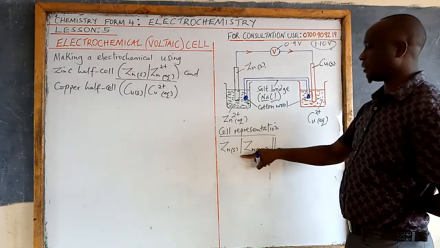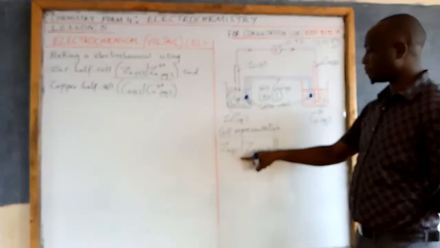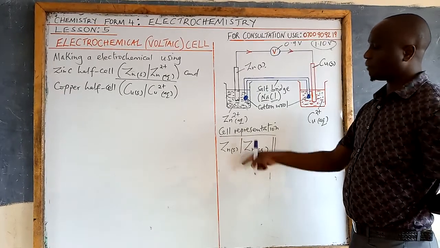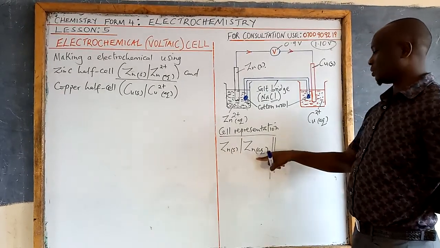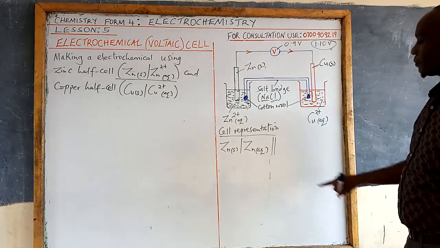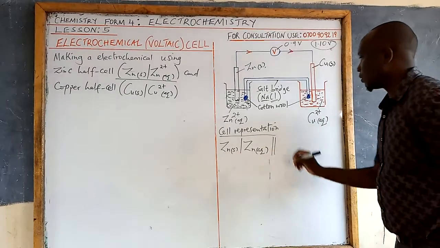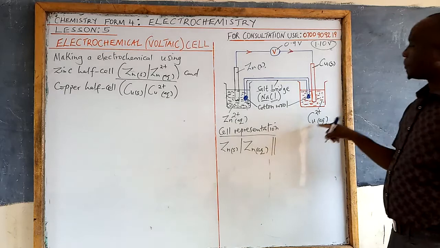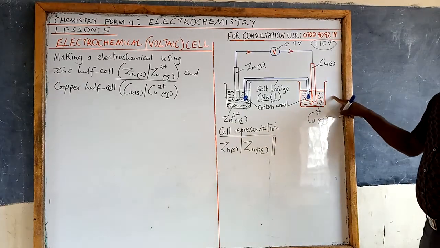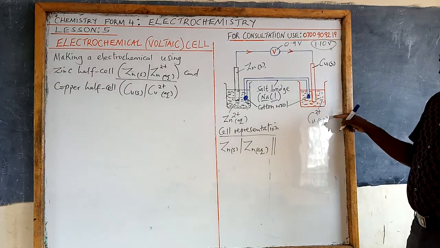So this represents what we call the phase boundary, the boundary between the solid and the solution containing ion. The double line represents the salt bridge. And then what will happen to the copper half cell here is that the copper ions will move out of the solution.